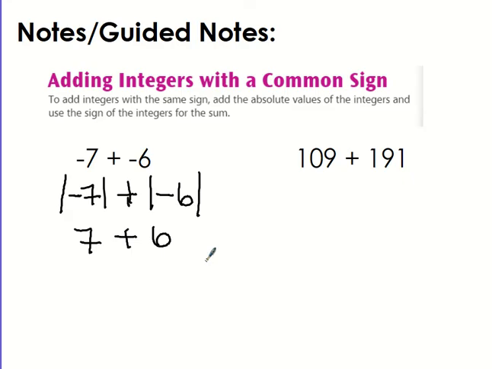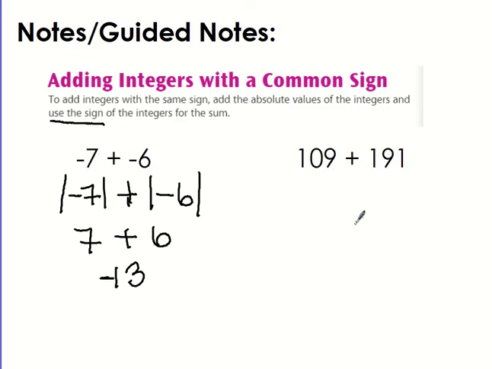So 7 plus 6 would be 13. But then it does say to use the sign that the integers were. Well, the integers we just had were negative. So our answer would be -13. So that's how you apply the rule.